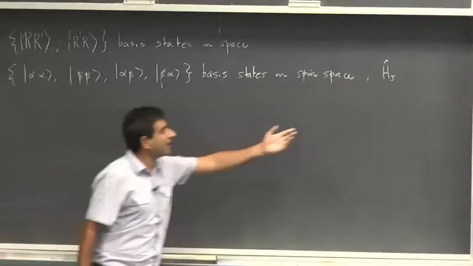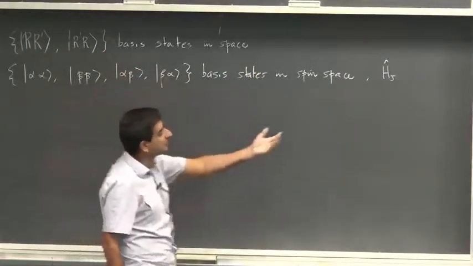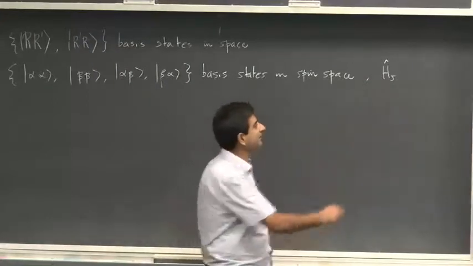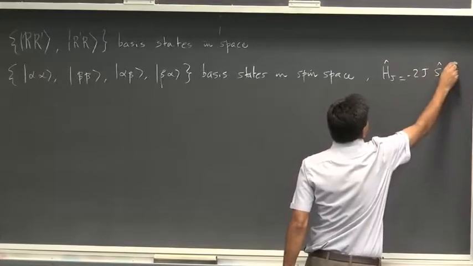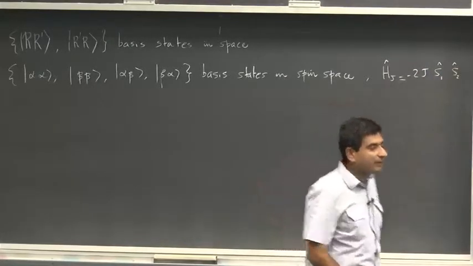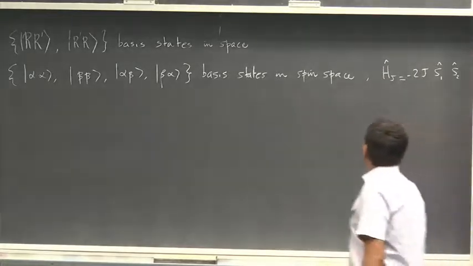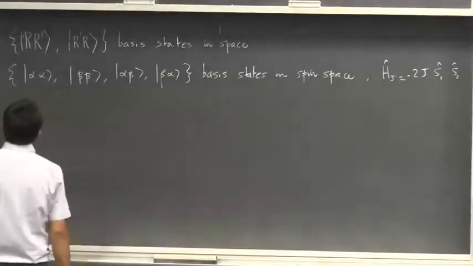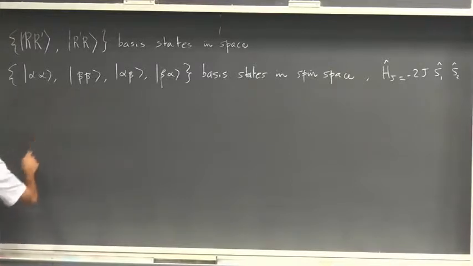For diagonalizing the Heisenberg Hamiltonian, these states don't matter because this is a purely spin based Hamiltonian. This is just minus 2J S1 dot S2. Now what I need to do is write this Hamiltonian in this basis. So it's a 4 by 4 matrix.